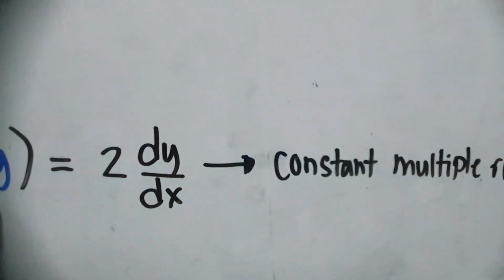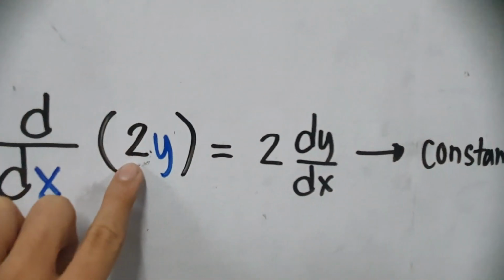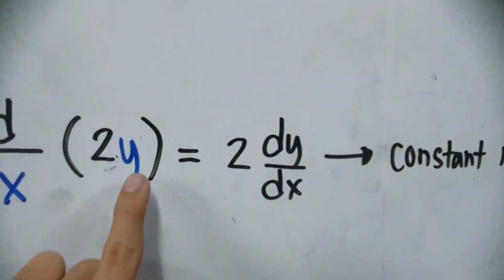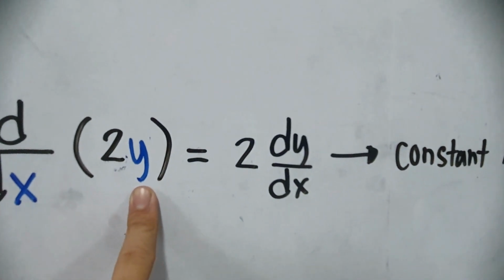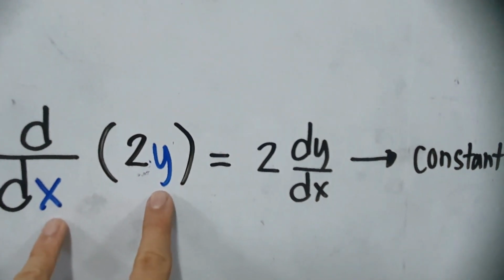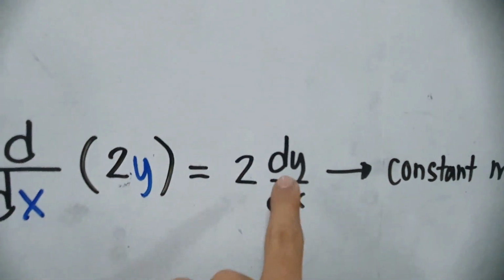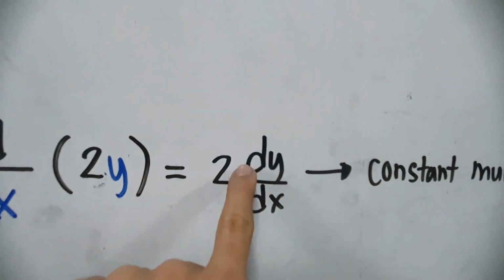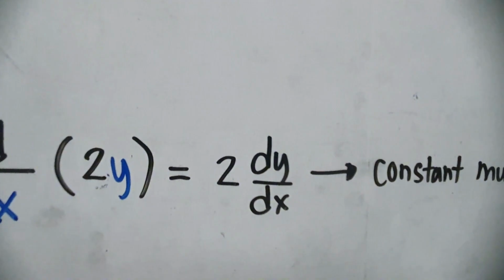So when we say constant multiple rule, we're going to copy the 2 and then derive the variable y. Since these two do not agree with each other, that is why we have the derivative of y, which is dy over dx.